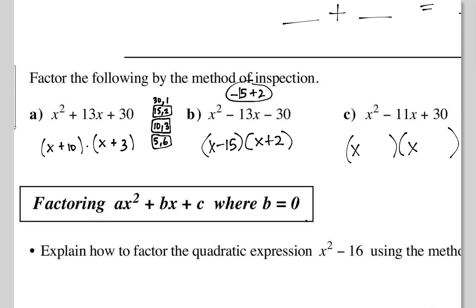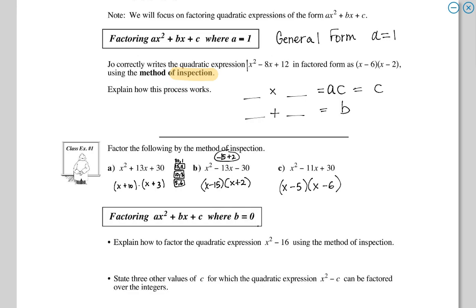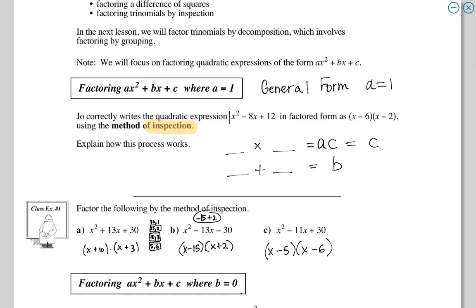How do you get two numbers to multiply to come out positive? Yeah, two negatives. A minus 5 and a minus 6. What happens when you add those? You get negative 11. What happens when you multiply them? Positive 30. So this is inspection. General form where a is 1.